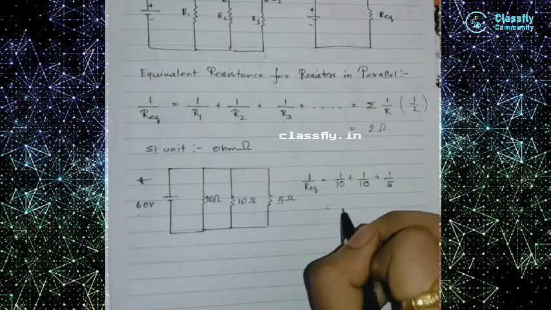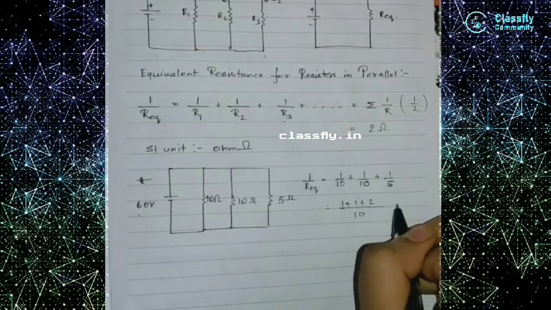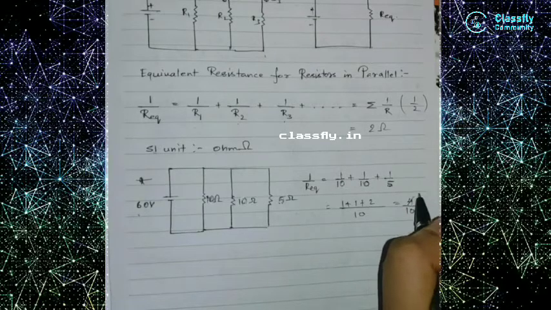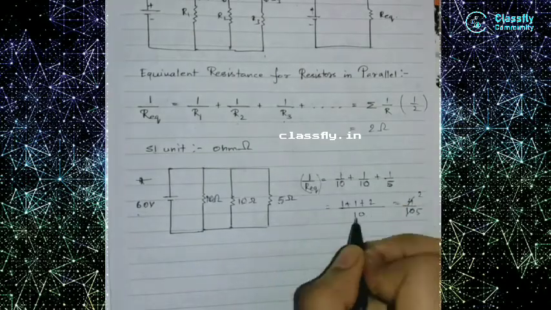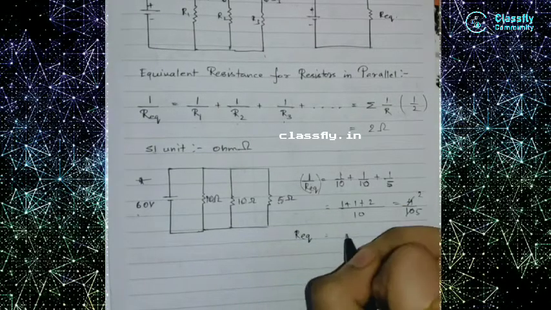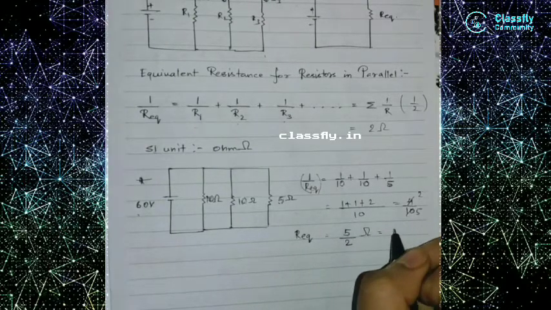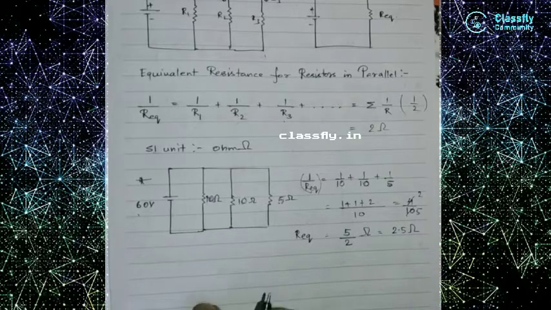When we solve this, it is 4 by 10, and when we simplify it is 2 by 5, but as I told, we need to reverse it, so we can get our R equivalent. So it will be 5 by 2 ohm, or you can say 2.5 ohm, right? So we got our R equivalent.